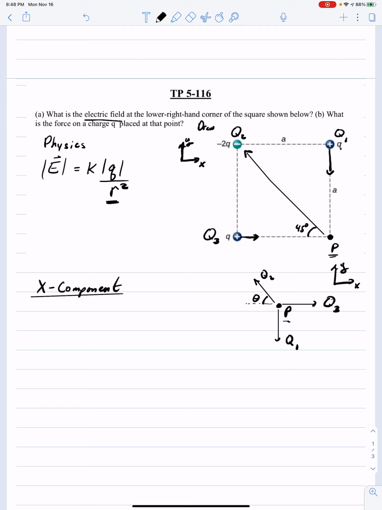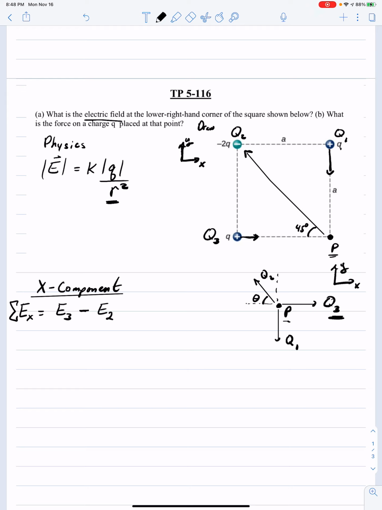So that means that we have Q3 that is acting completely in the x direction, and I'm going to write this as the sum of all electric fields in the x direction is equal to electric field of 3, and it's positive because it's going in the positive x direction, and then minus electric field of 2, because it is a vector component that is both in the x and the y direction.